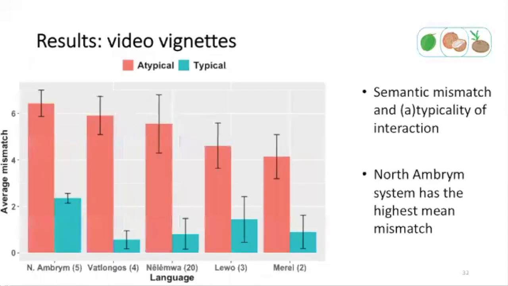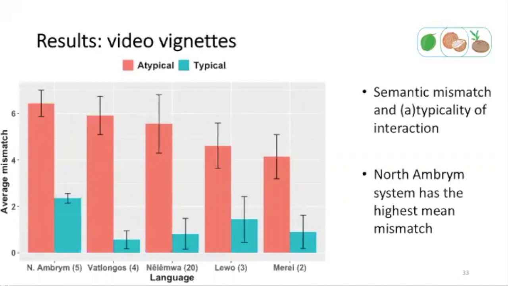We can also tease apart our results by dividing the vignettes into typical and atypical reactions, as I discussed earlier. Now, all the languages have fairly high mismatches for atypical interactions, the ones shown in the salmon color here. And this showed us that the edges of the systems aren't purely semantic-based assignment, rather assignment is probably based on something else, perhaps frequency of interaction.